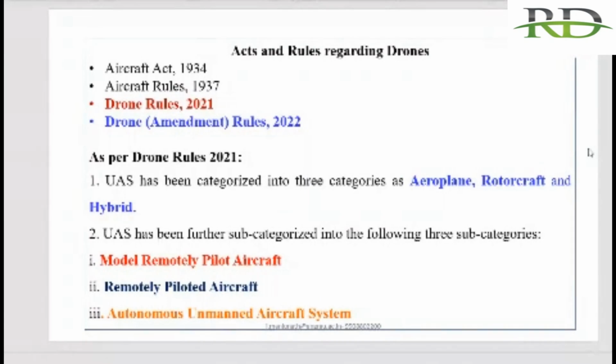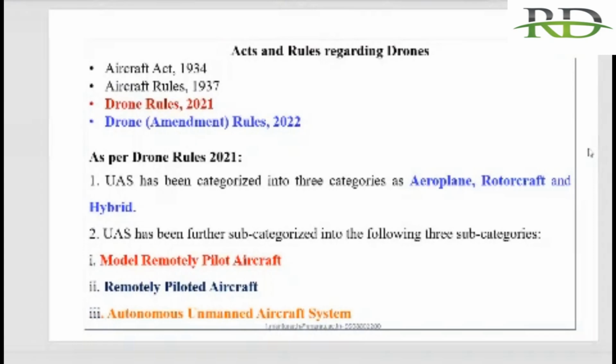After the Drone Rules 2021, we are very restricted in using drones, and after the amendments in 2022 as well, very restricted rules were given.